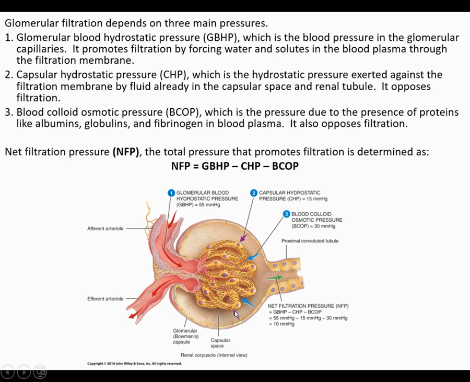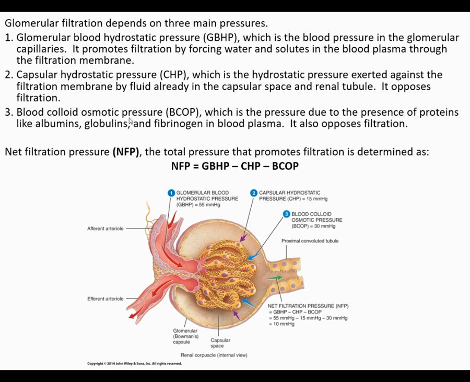The other two pressures are represented with the purple arrows and the blue arrows, which point inwards and oppose filtration. We've got capsular hydrostatic pressure, which is the pressure inside the capsule due to fluid that's already there. And then blood colloid osmotic pressure is pressure within the capillaries that opposes filtration due to the presence of proteins. So it tries to keep stuff in the blood.